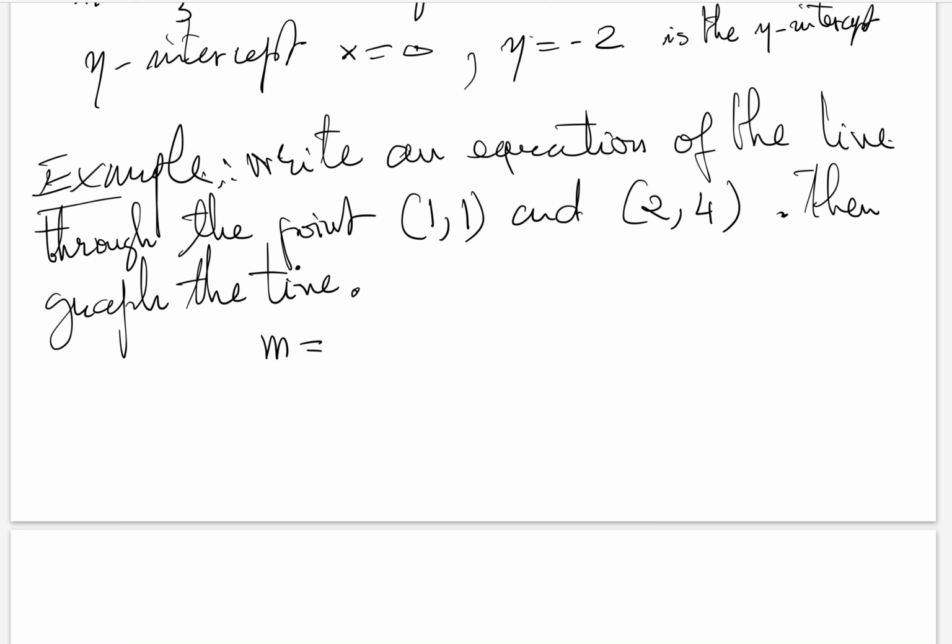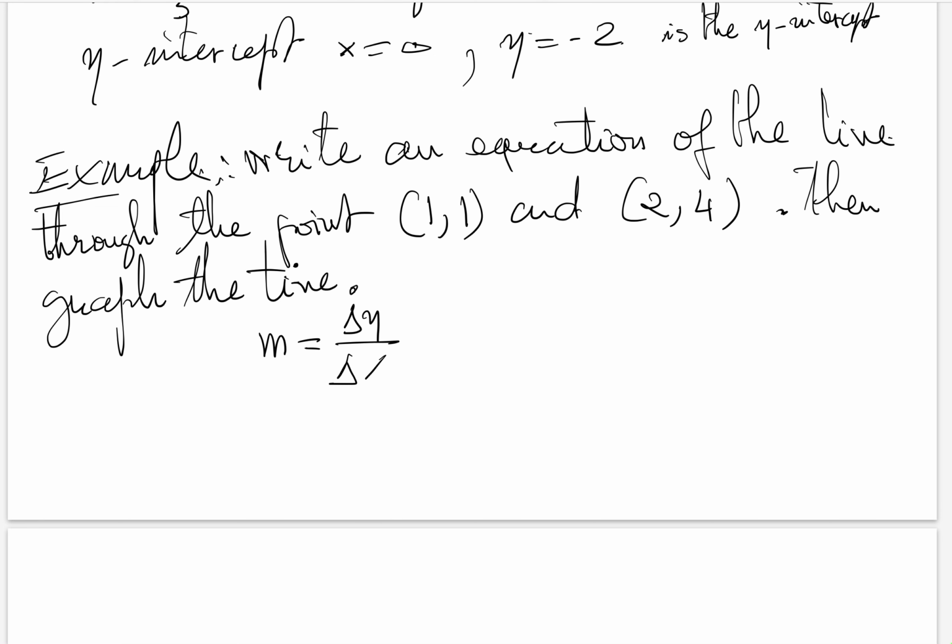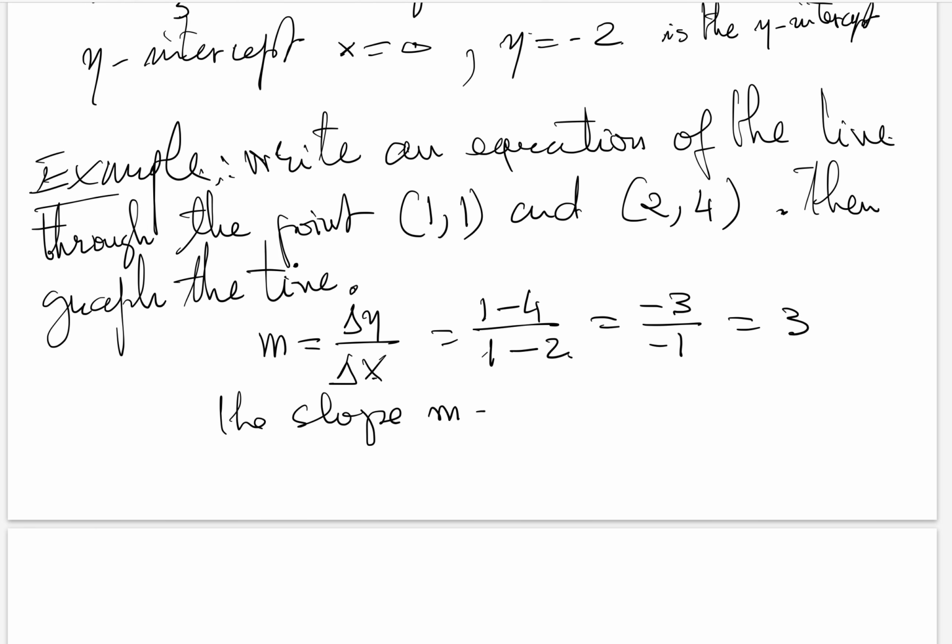Remember the slope m is equal to the difference of the y's over the difference of the x's, the rise over run, okay? So you have 1 minus 4 divided by 1 minus 2. Got it? Okay, here you will have negative 3 divided by negative 1 is equal to 3. The slope m is equal to 3.